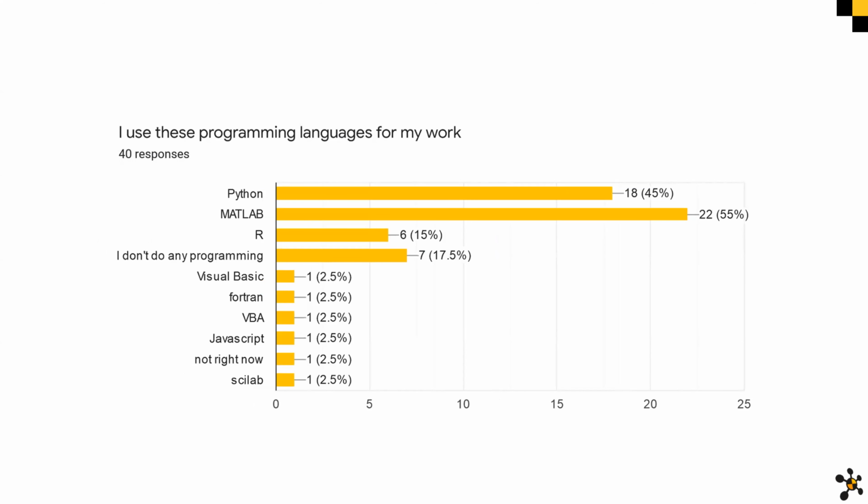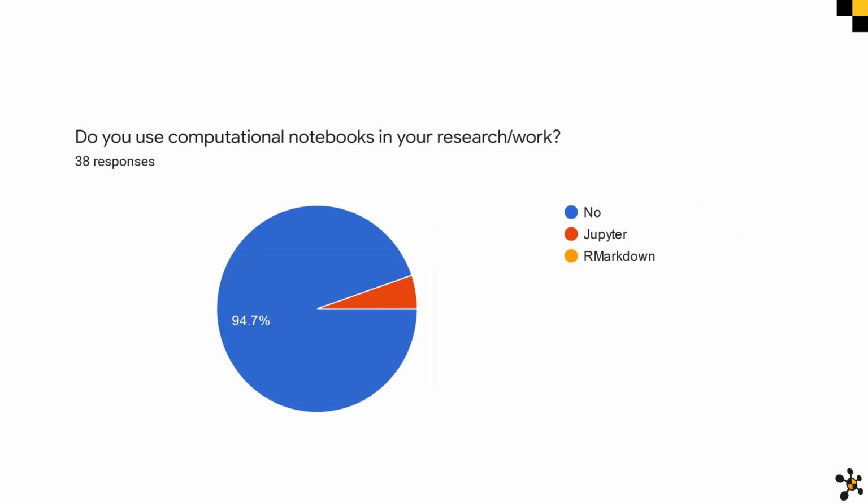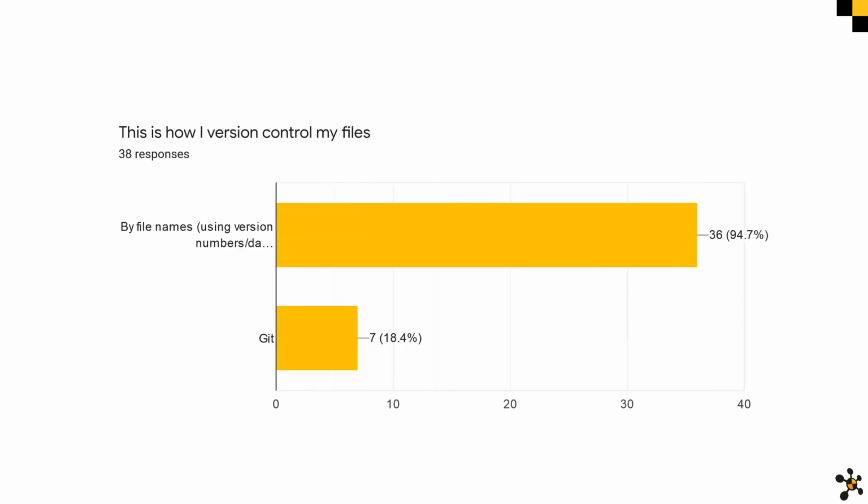But maybe putting together Python and R, maybe Jupyter wins. We're going to look at Jupyter today for computational notebooks, and it looks like not many of us use computational notebooks in our research. So we hope that this will be a useful workshop for you. Going into the Git part of the workshop now, not many of us use Git.